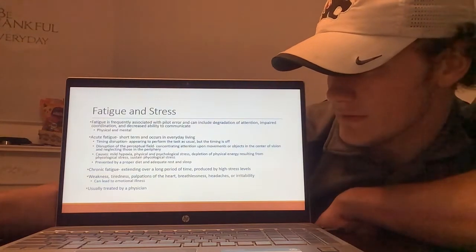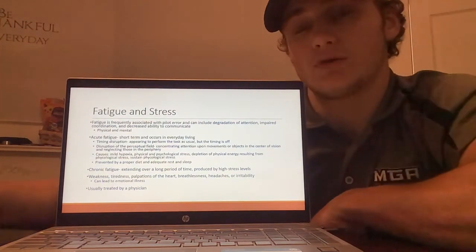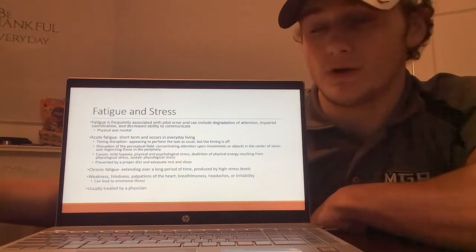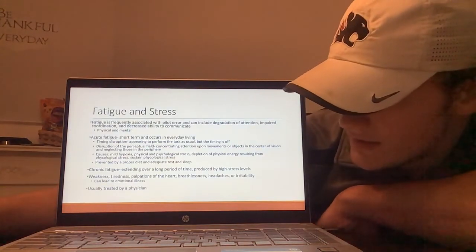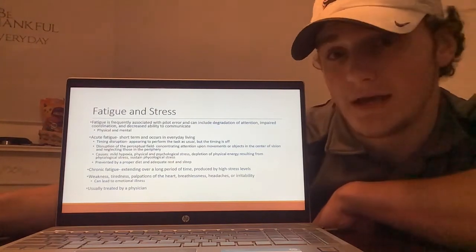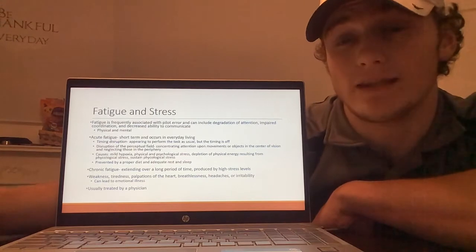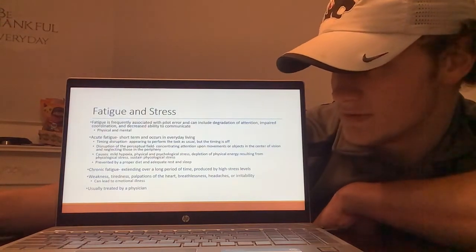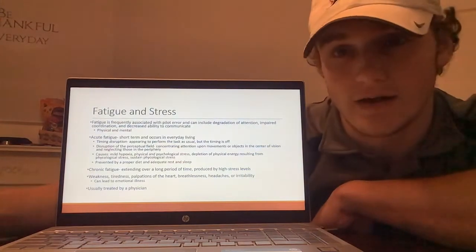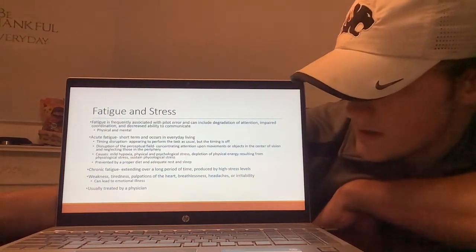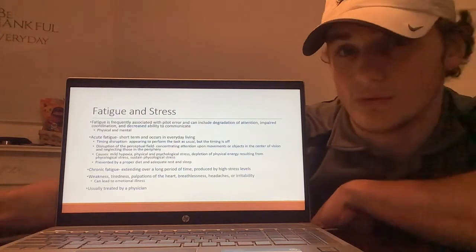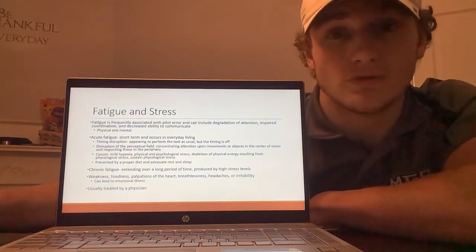Chronic fatigue, however, is a little different, because chronic fatigue is a series of acute fatigue built up over and over, and it is stress that extends over a long period of time, produced by high levels of it. Some symptoms would be weakness, tiredness, palpitations of the heart, breathlessness, headaches, or irritability, and it could lead to emotional illness.